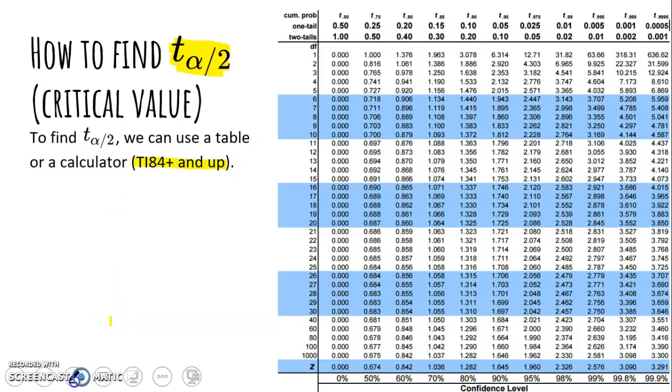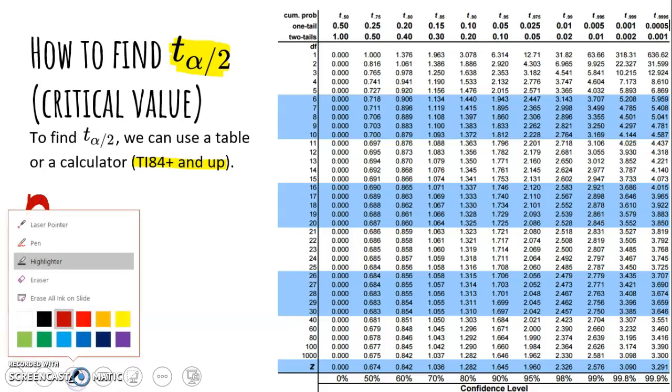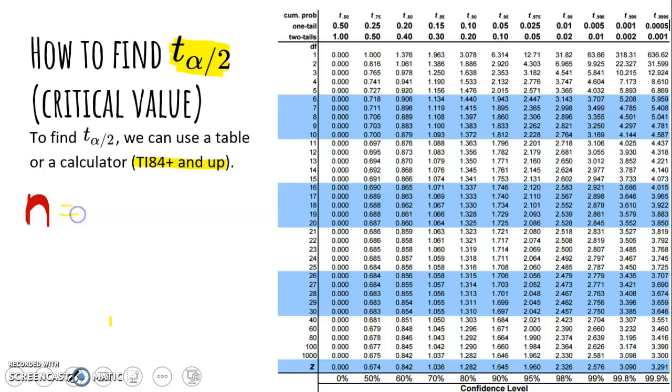So let's say we have n equals, let's say 16. That's our sample size. And our confidence level is 98%.